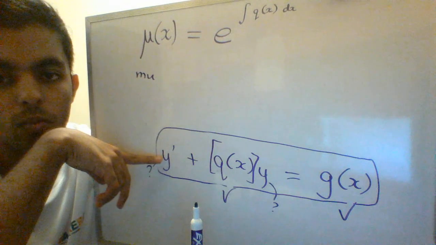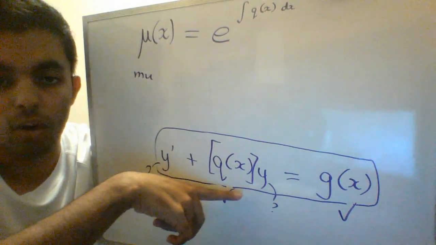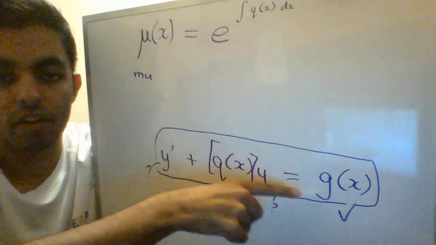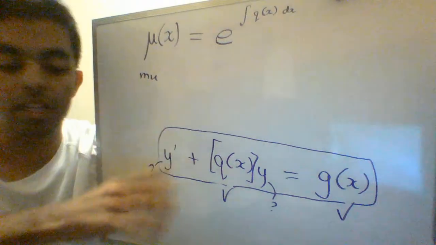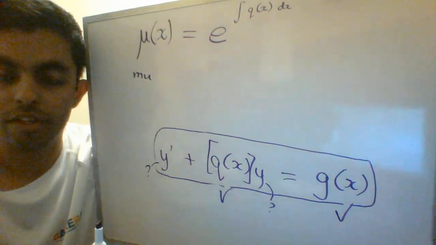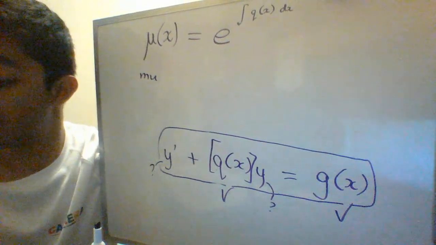So y prime, whatever it is, plus whatever this function is, times y, equals whatever function that is. Whatever those things are, you can get the final answer using the formula for any first order linear differential equation.